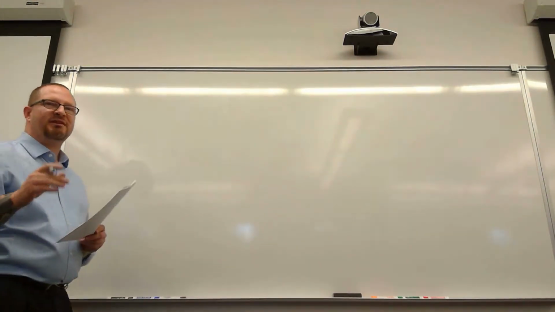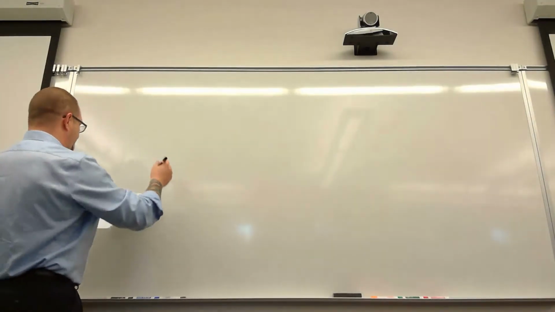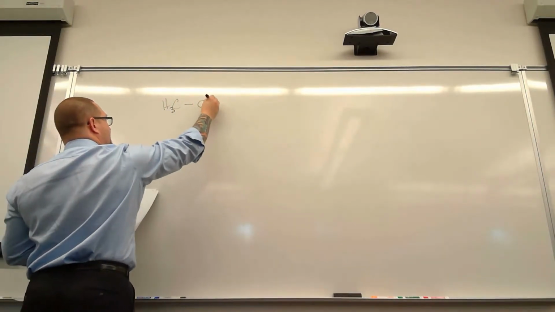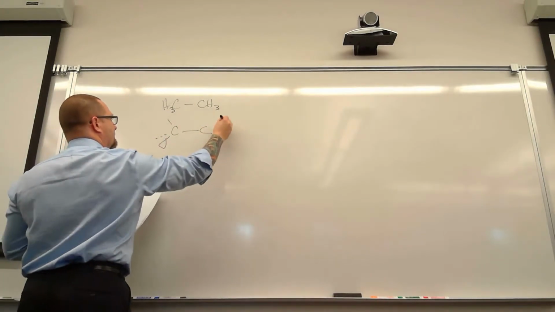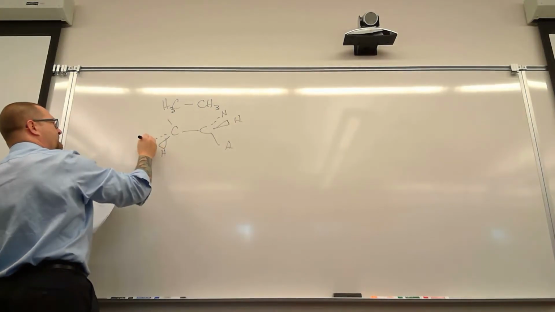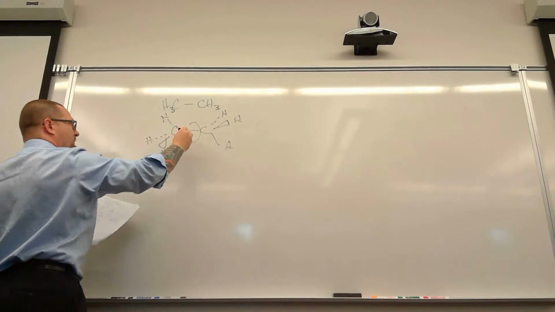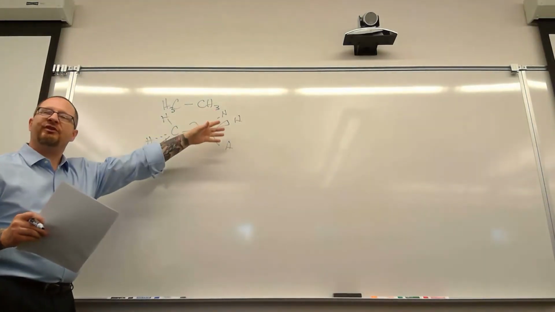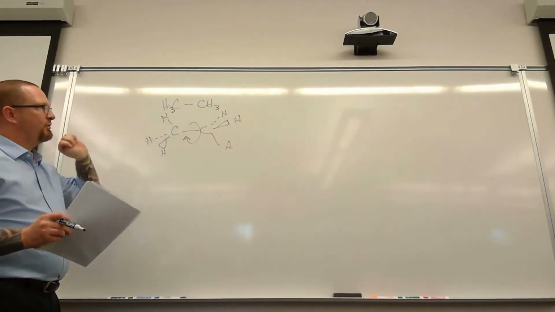Anytime you have a sigma bond and no pi bonds, you have some degree of free rotation there. So if we've got ethane, let me redraw that. We've got our ethane. The energy levels will change slightly depending on where these protons are versus the protons in three-dimensional space.